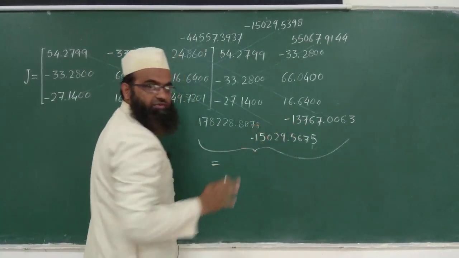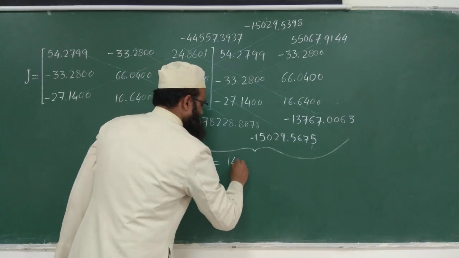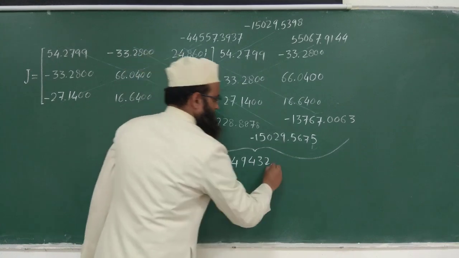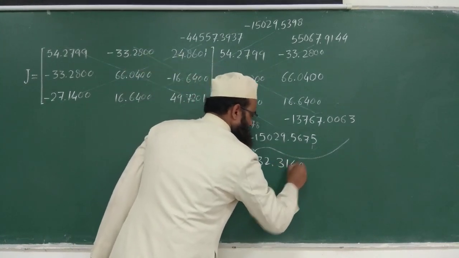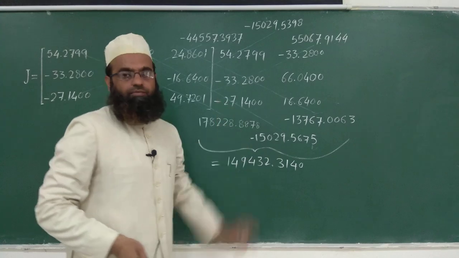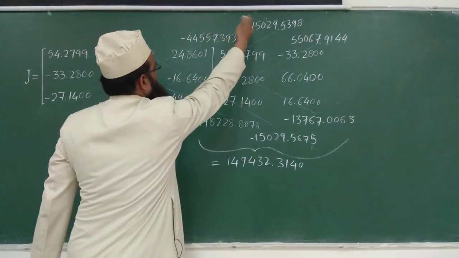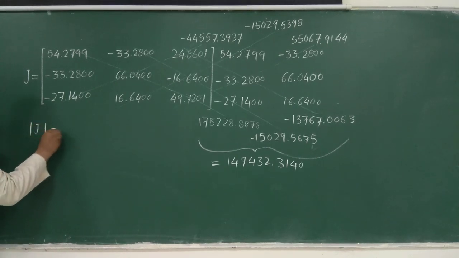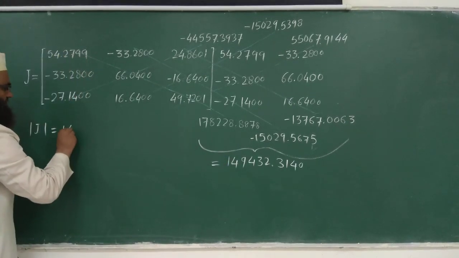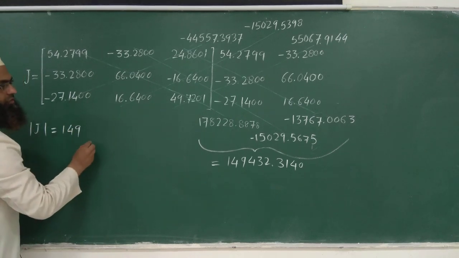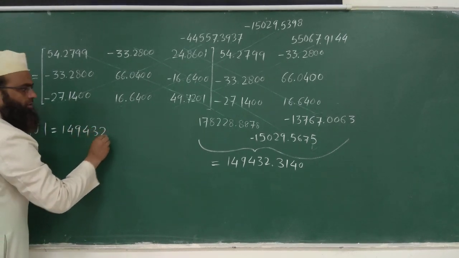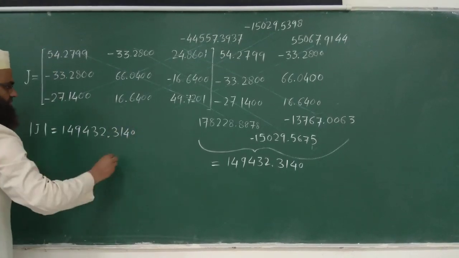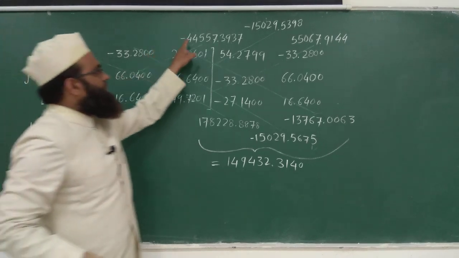This minus this minus this? 149,432.3140. What about this? This plus this plus this? Okay, whatever it is coming out to be. So you will get the value of this determinant as this value, which is 149,432.3140 minus, right here, minus the sum of these three, this plus this plus this.